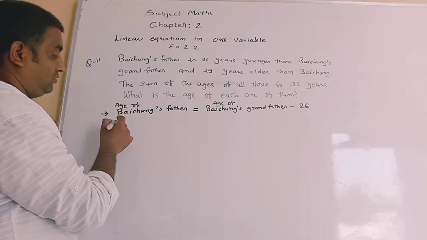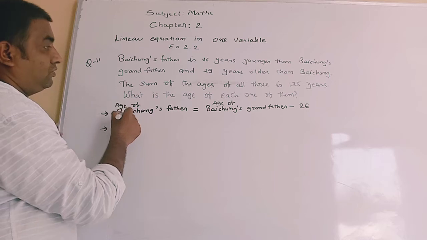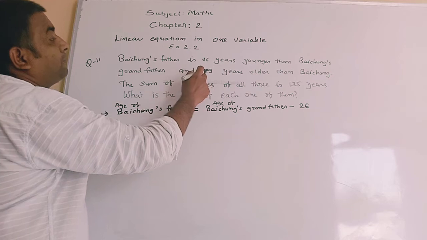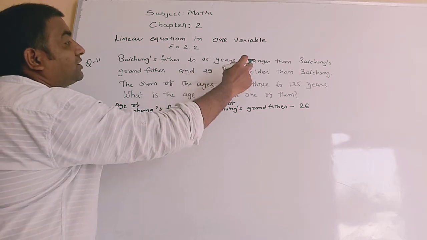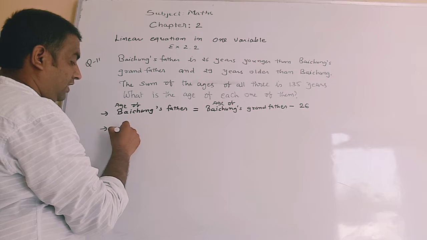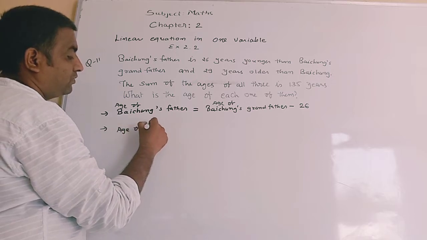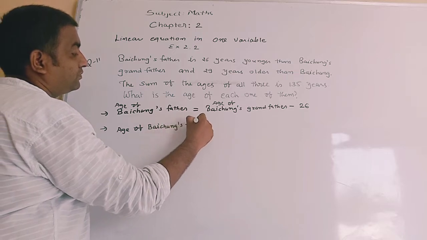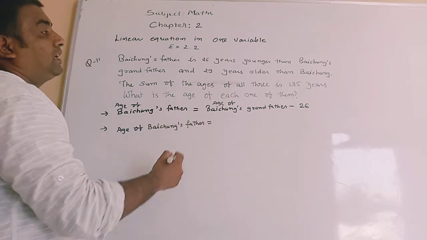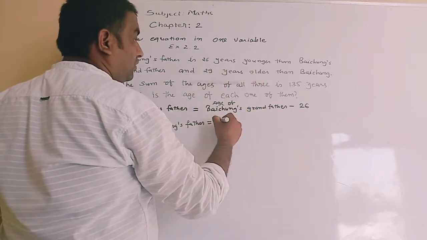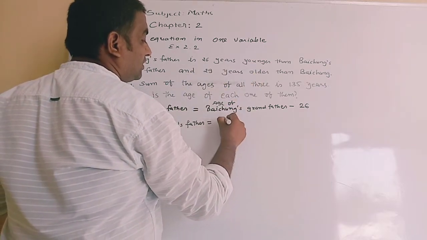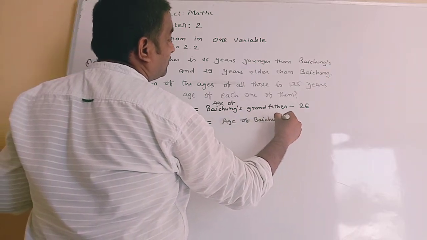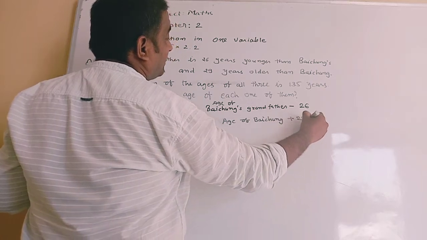Also, another relation is given: Baichung's father is 29 years older than Baichung. So the age of Baichung's father is the age of Baichung plus 29.